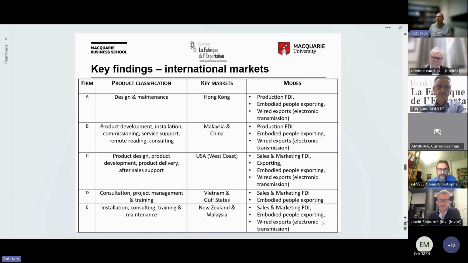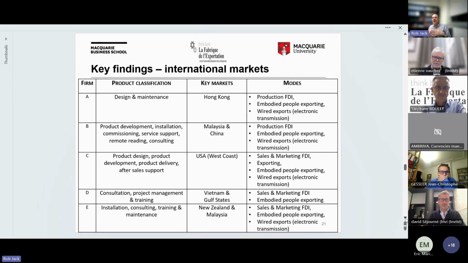If you look at the modes, you can see that they're using a number of different entry modes. Some of them are entering these markets, it's true, with some form of production FDI. But that's just related, in many cases, to their main product. A lot of the supporting services that are essential to that product are largely provided from head office.